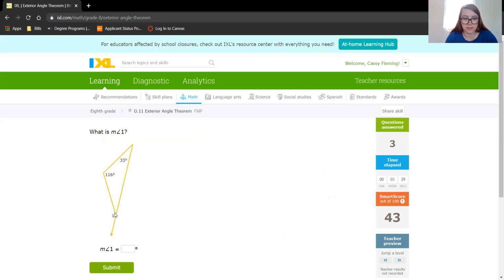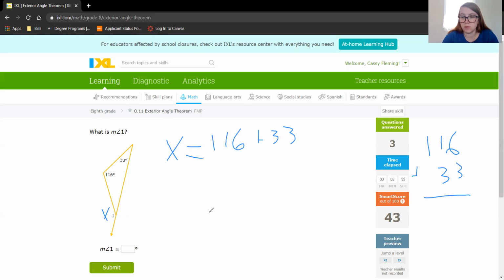This time it gives us our variable, we're looking for the measure of this exterior angle. These are its two interior opposites, so we just have to add them together. We're going to call this x again, just for writing it down purposes. 116 plus 33. 6 plus 3 is 9. 3 plus 1 is 4. 1 plus 0 is 1.